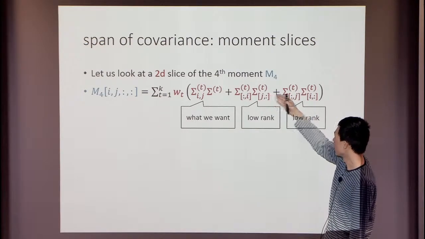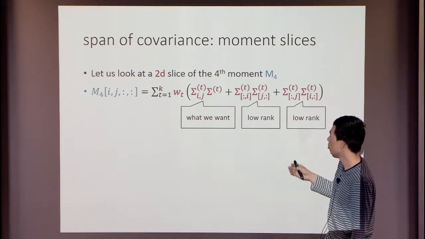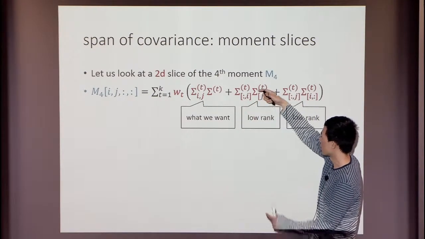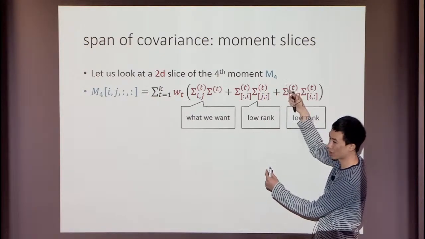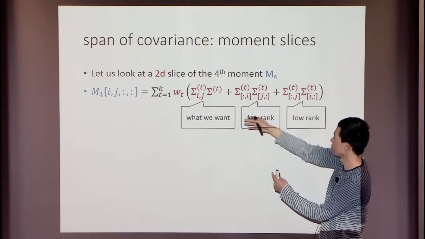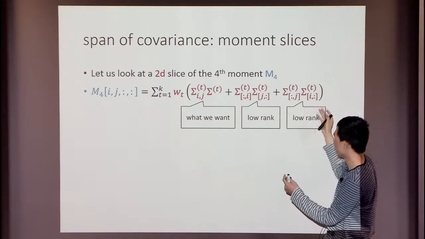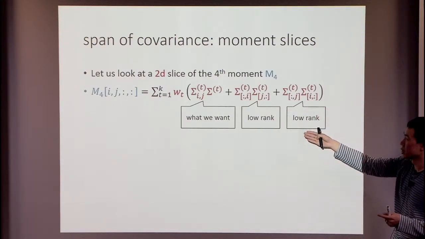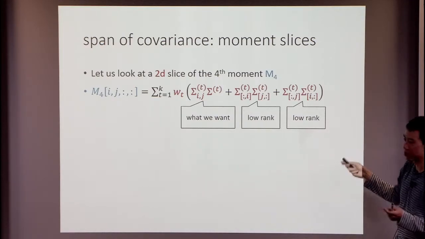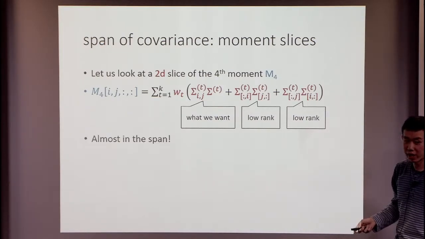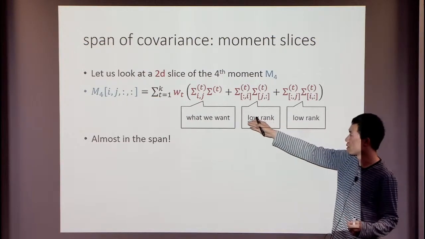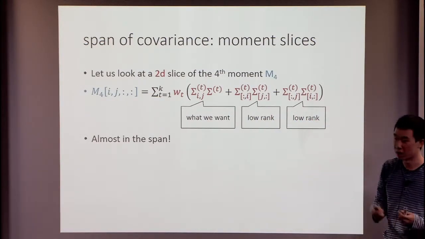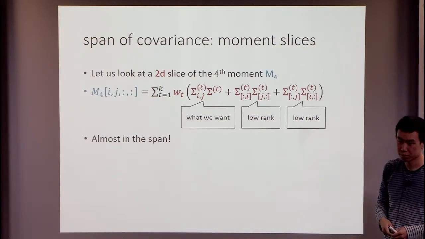But unfortunately, we also have these other terms. But these other terms are simple, right? They are a column vector times a row vector, so that's rank 1. Even if you take the sum of k of them, they are still low rank. So basically, if we look at a two-dimensional slice of the fourth moment tensor, what we get is a matrix that's almost in the span we want, except for these lower rank terms.